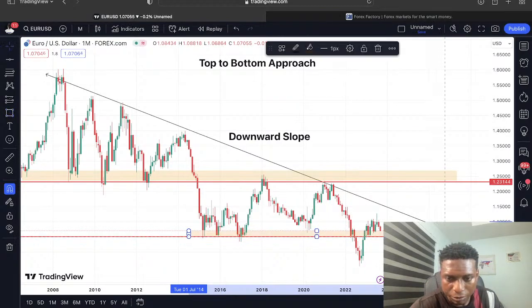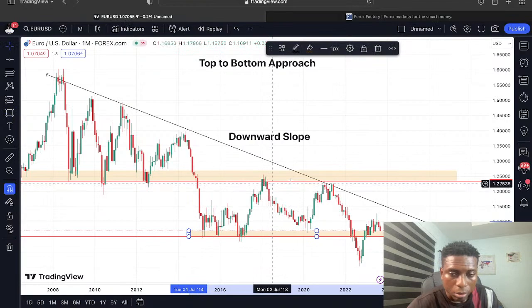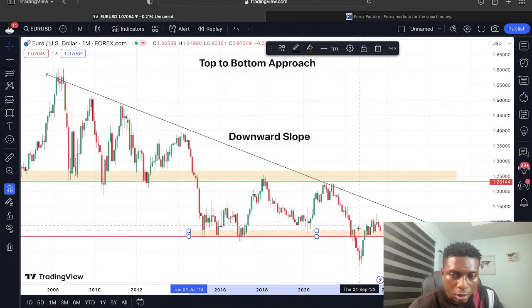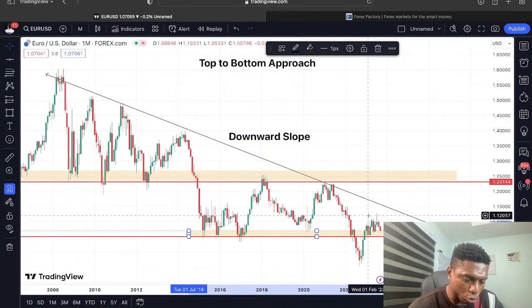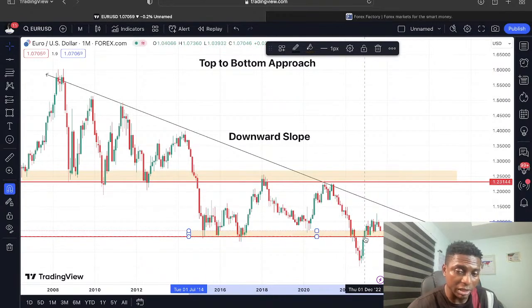Now price finally broke out of that level, and then price went back through the support level, the resistance level turned support. Now price is coming back to that same level.